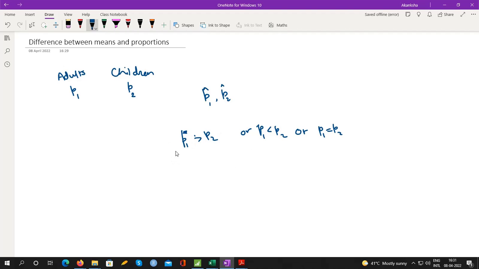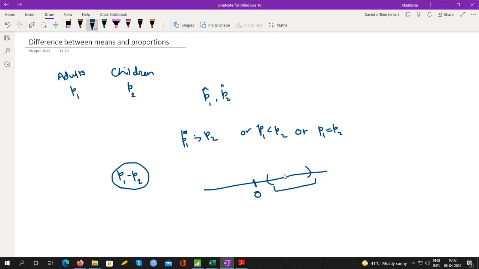So we want to answer such questions. We can compute a confidence interval for the difference. Suppose my 0 is somewhere here and I construct a confidence interval for this difference, and that interval is something like this. That would mean that P1 minus P2 is 95% likely to be on the right side of 0.